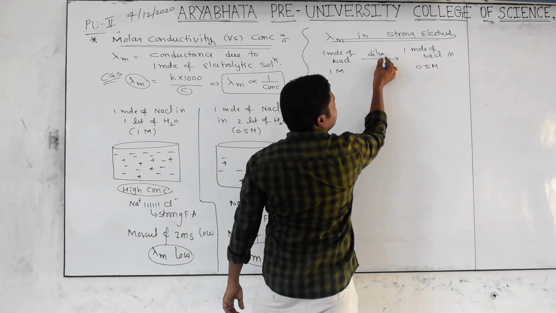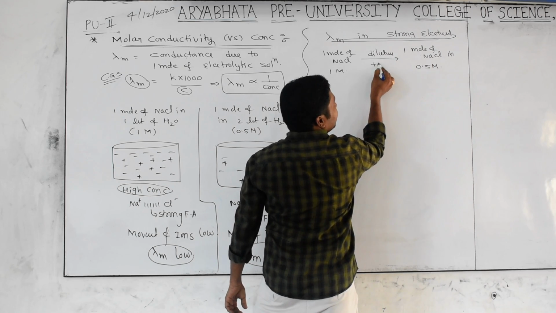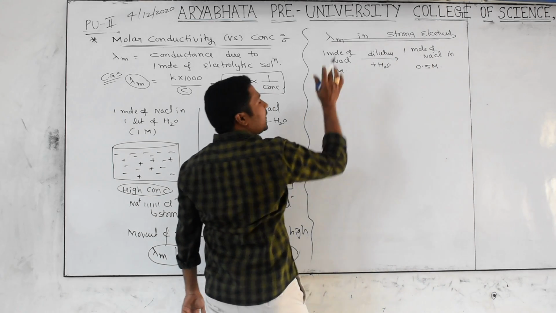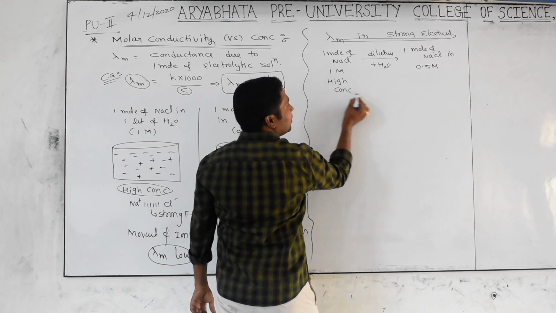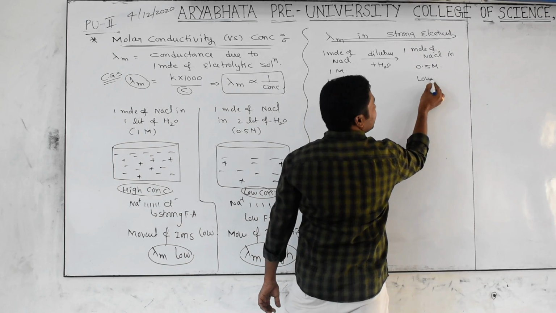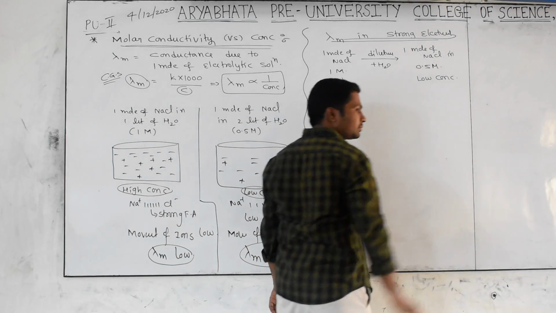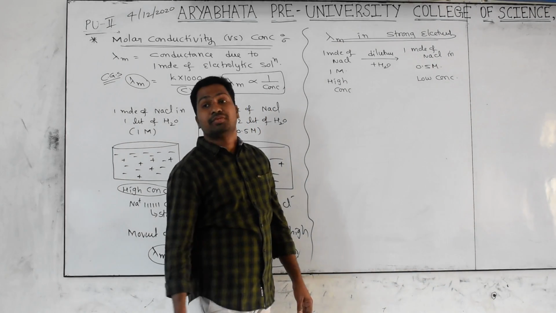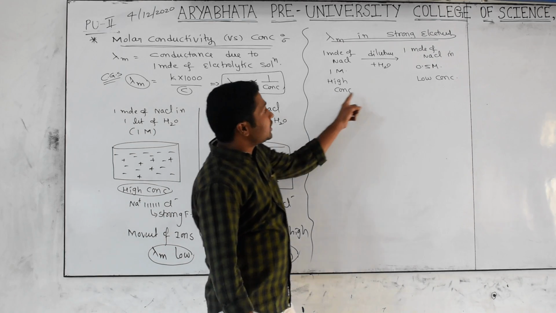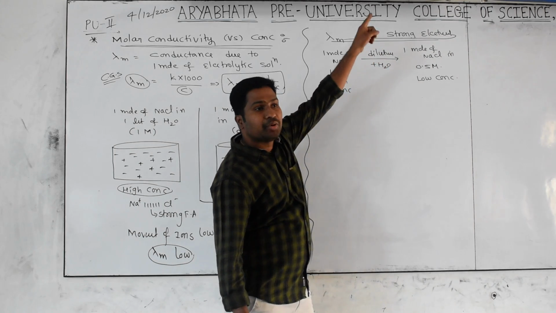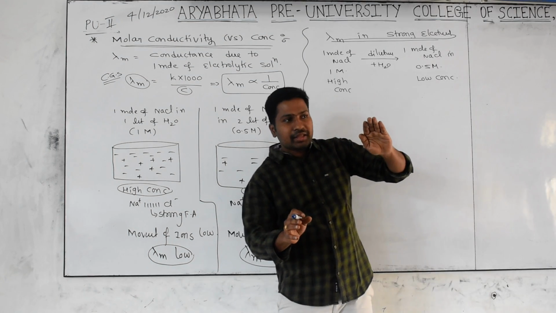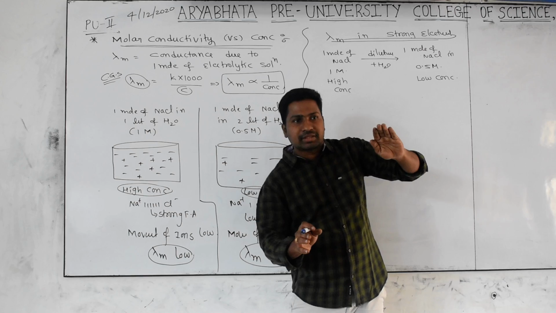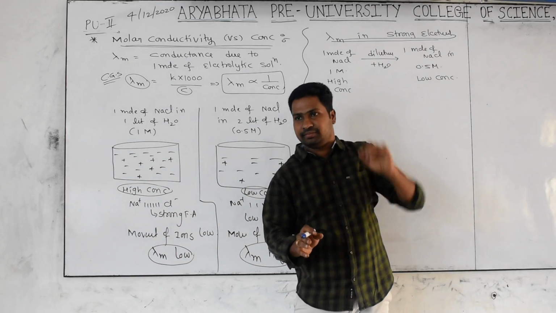Dilution, yes or no? Dilution means you are adding water. While adding water, what is happening? Initially it is high concentration, but after adding water it becomes low concentration. You have full clarity: as the concentration decreases, molar conductivity keeps on increasing. My question here: will the improvement in molar conductance happen suddenly or gradually?